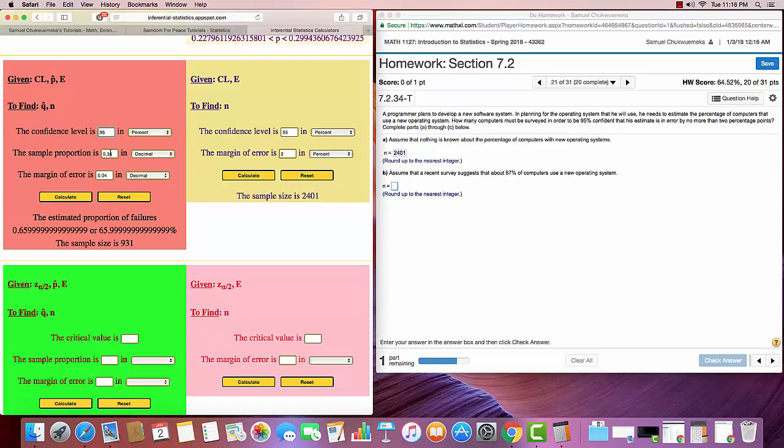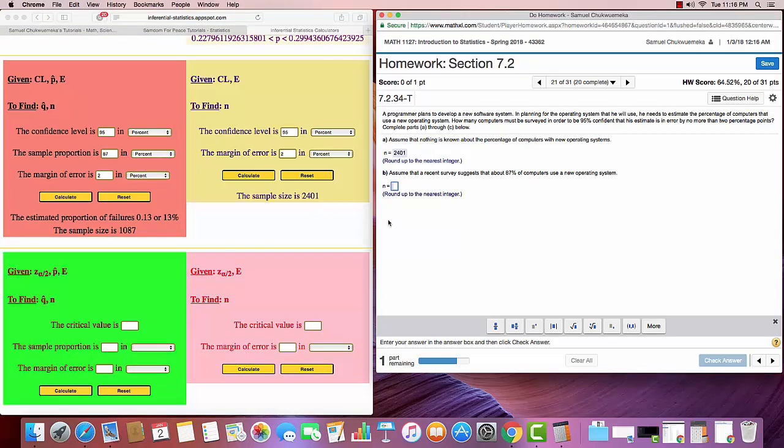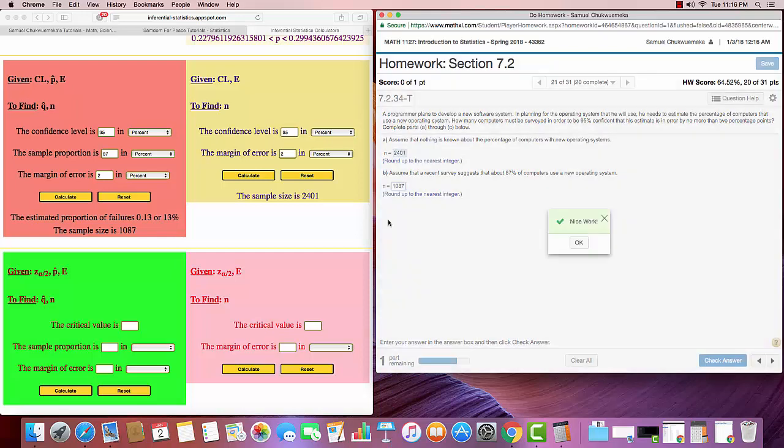Sample proportion in this case is 87%. Margin of error is 2%, and you put it in percent. Calculate. The sample size will be 1087.